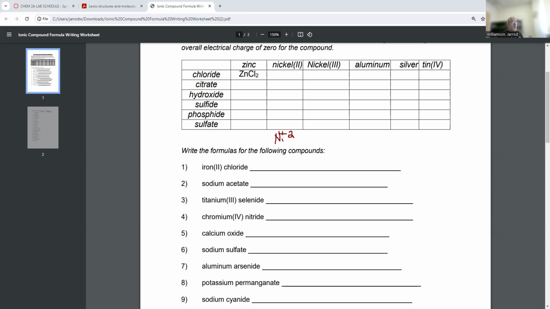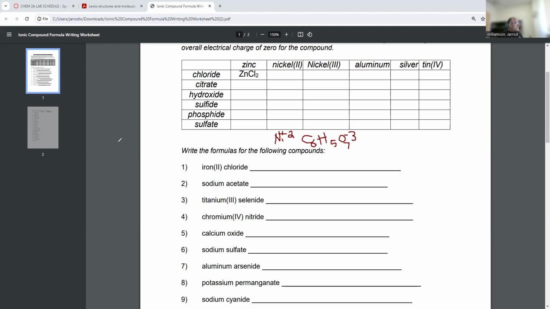I can't write it here, so I've got to do it over here. Citrate, when you look at the polyatomic ions chart, is C6H5O7 with a -3.